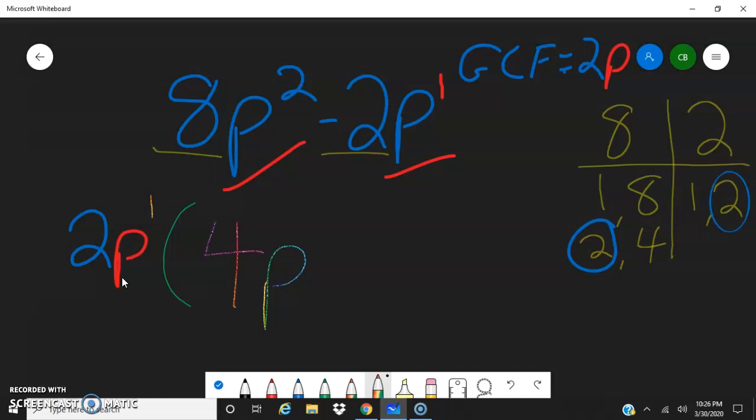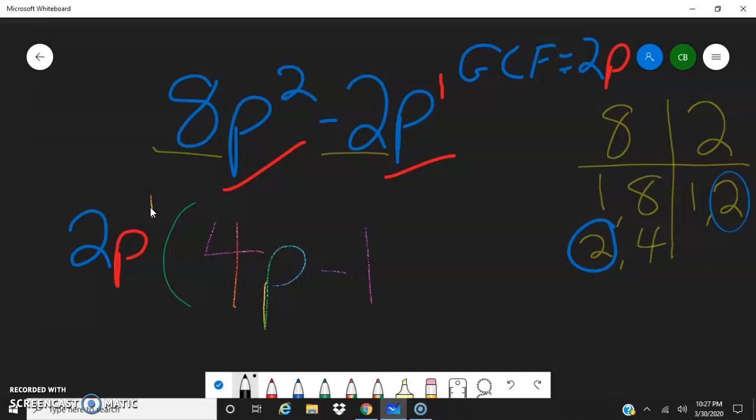Now let's go to the second part. We're looking at this negative 2p divided by this 2p over here. Let's do the coefficients first. Negative 2 divided by positive 2 is negative 1. Then we have p to the first divided by p to the first, and those just cancel out.